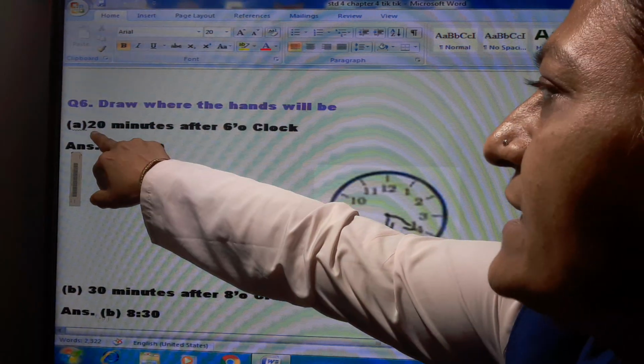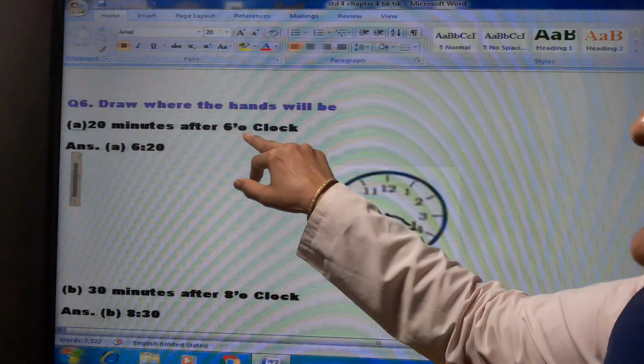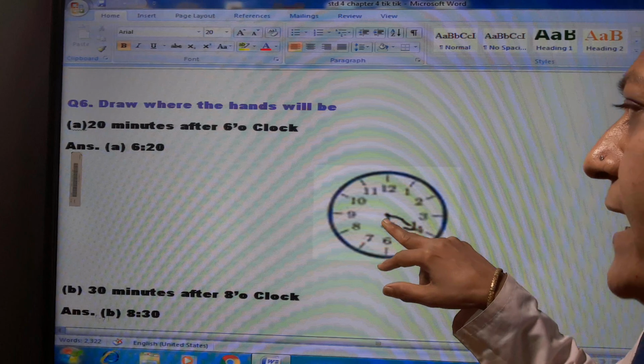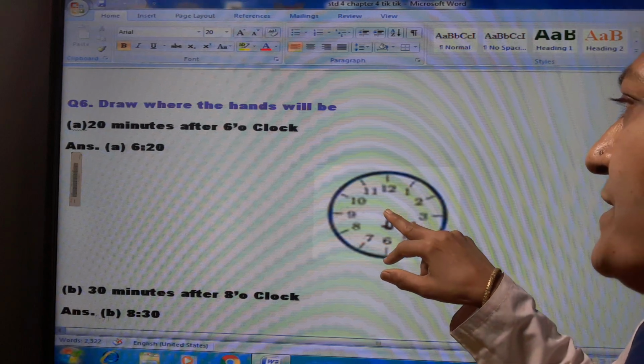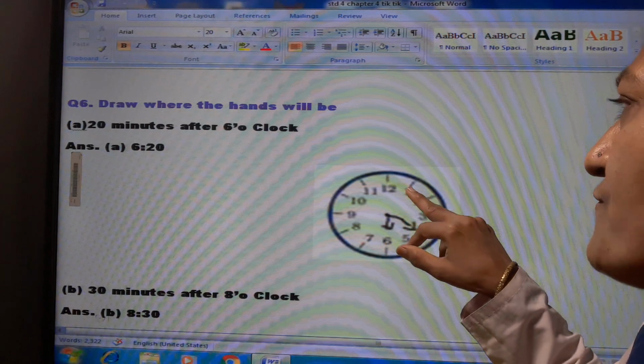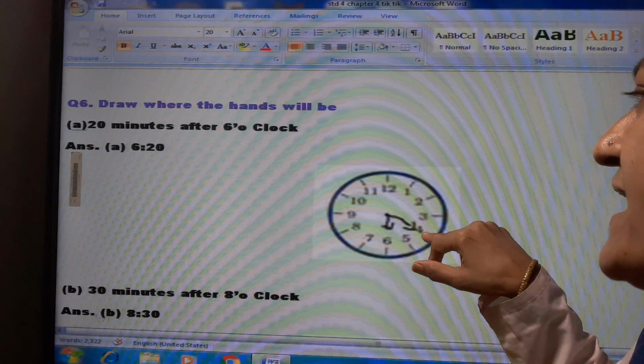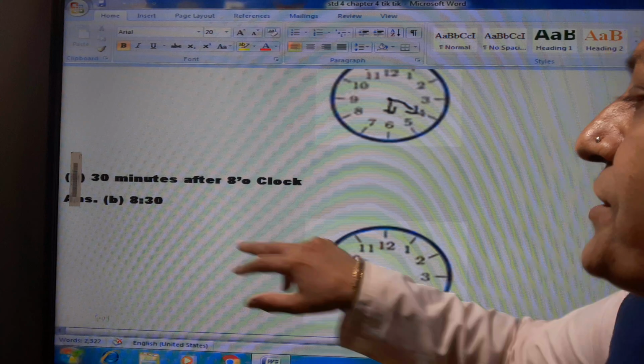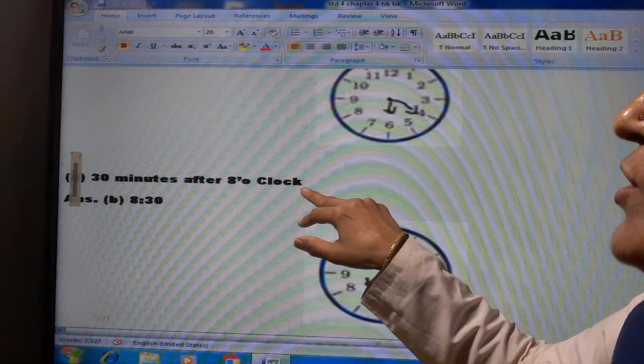Now here it is given the time 20 minutes after 6 o'clock. It means we have to draw the hour hand on 6 and the minute hand on 4 because 5, 10, 15 and 20. So we have to draw this way. Now 30 minutes after 8 o'clock.